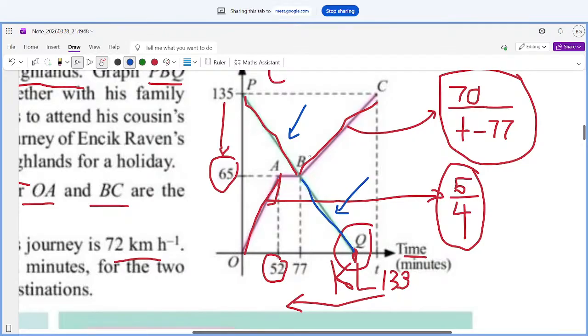Jawapan. Apa jawapan dia guys for BP? Yes. Okay, you should. Are you sure? Check and see carefully. Are you sure is 1.875? Try to count and see again.